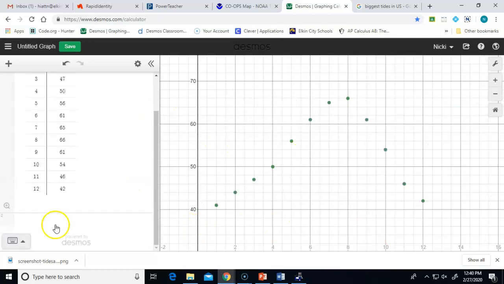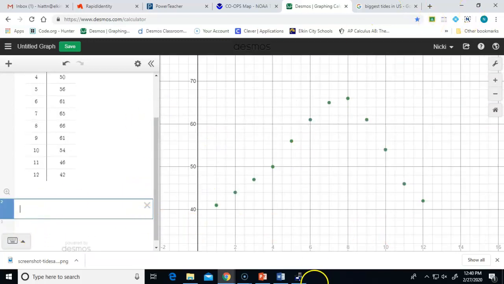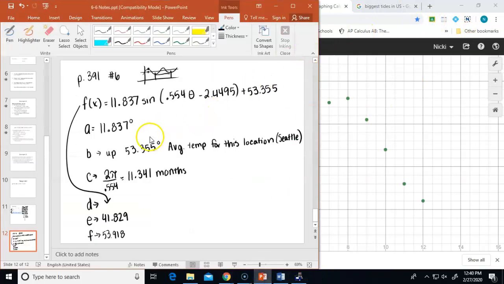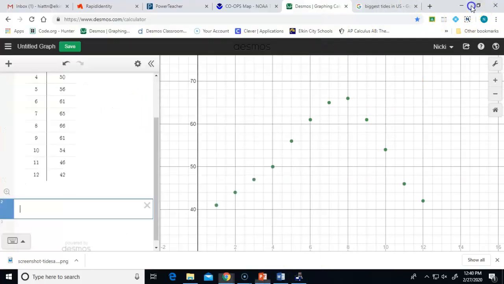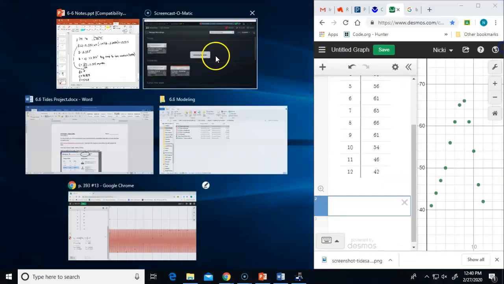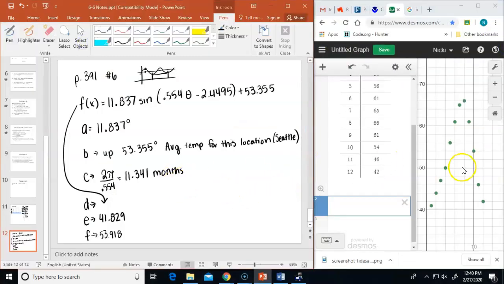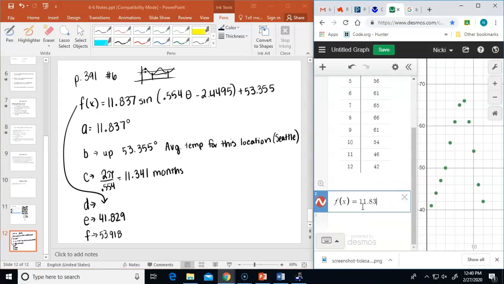But what you could do is take that equation that we just got and type in f of x equals 11.837 sine of 0.554 x minus 2.445 plus 53.355.